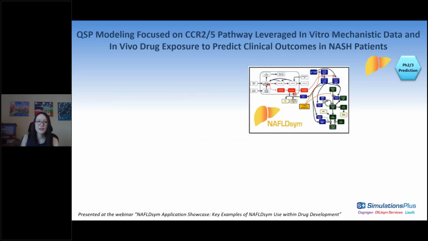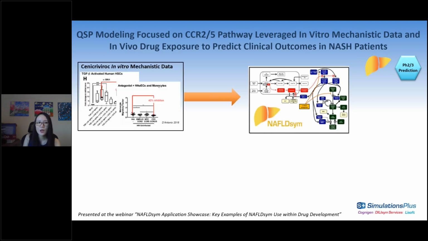And the fourth example, here QSP modeling using DILIsym was used to predict histological clinical outcomes in NASH patients. In this case, we used zinpentraxin as an exemplar, which is an antagonist of CCR2 and 5. So we obtained mechanistic data from in vitro studies where it was shown to inhibit activation of hepatic stellate cells and also inhibit the recruitment of monocytes.